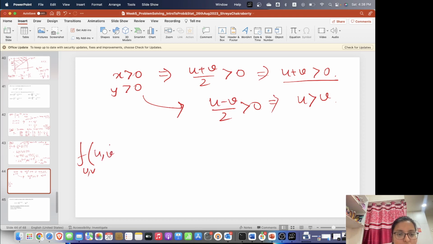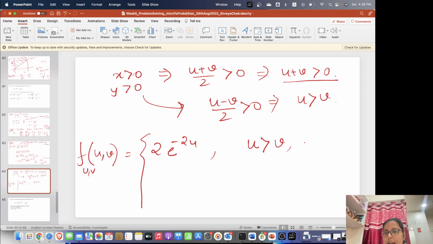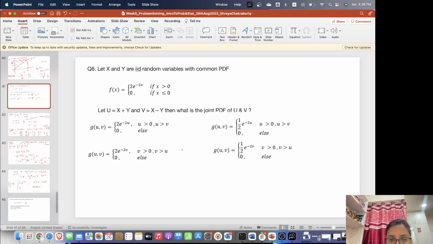So then f(u,v) equals 2 e to the power minus 2u, where u is greater than v and u plus v is greater than 0, and 0 elsewhere. So this is the answer.